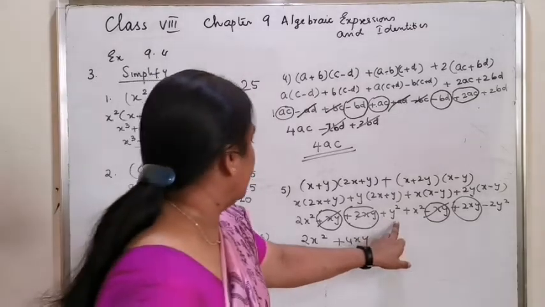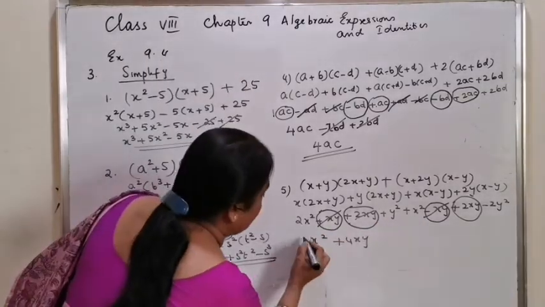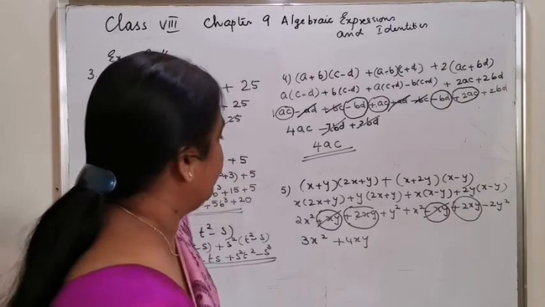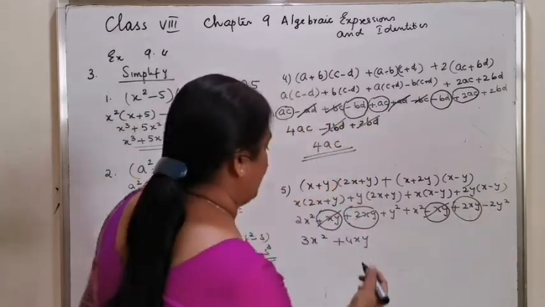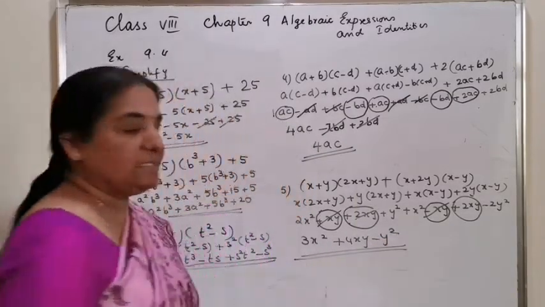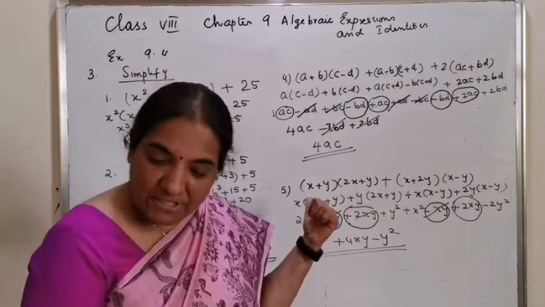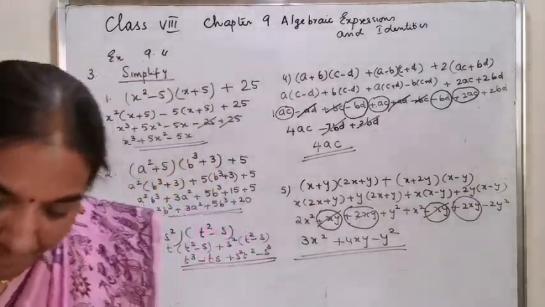Then this x square term, there was one more x square term here, so it was 3x square plus 4xy plus y square minus 2y square is minus y square. So that is the answer of question number 3, subdivision 5.